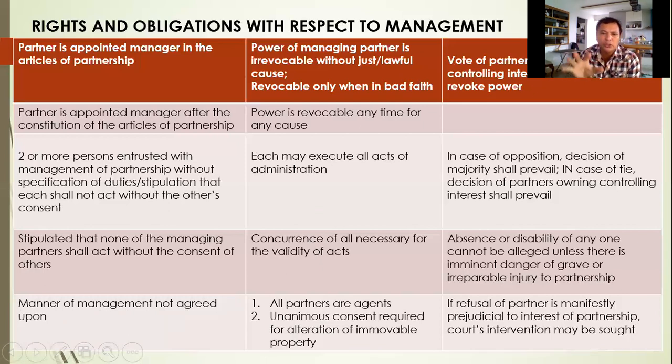There's no stipulation as to who may manage, so meaning all partners are managers. All partners are agents of the partnership, and unanimous consent is required for alteration of immovable property. So in case real property is involved and there is major alteration, then all of them must consent.